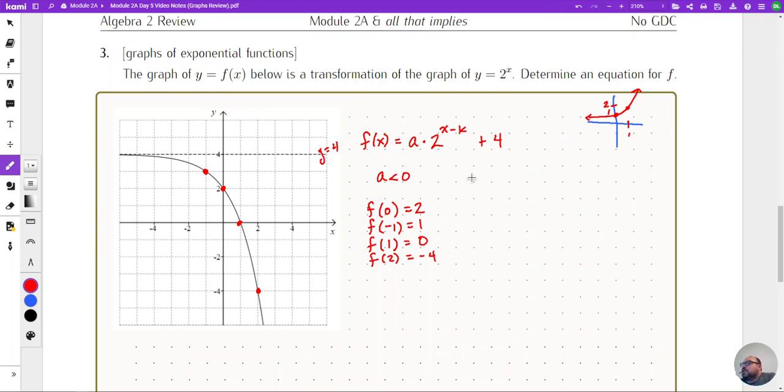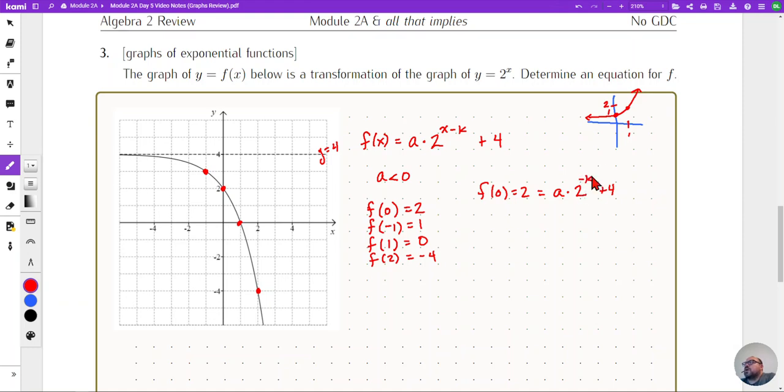So if we assume that we have had some sort of translation, well, if f of 0 is equal to 2, that's going to be equal to a times 2 to the -k plus 4. Okay, and if that's going to be equal to 2, then we want to be careful about what this k value is.